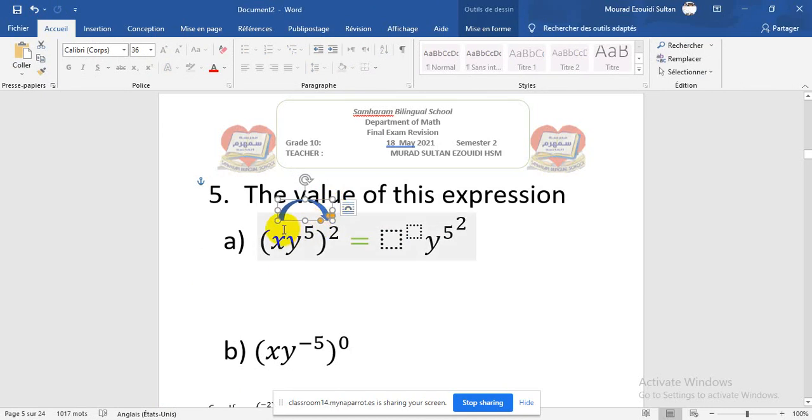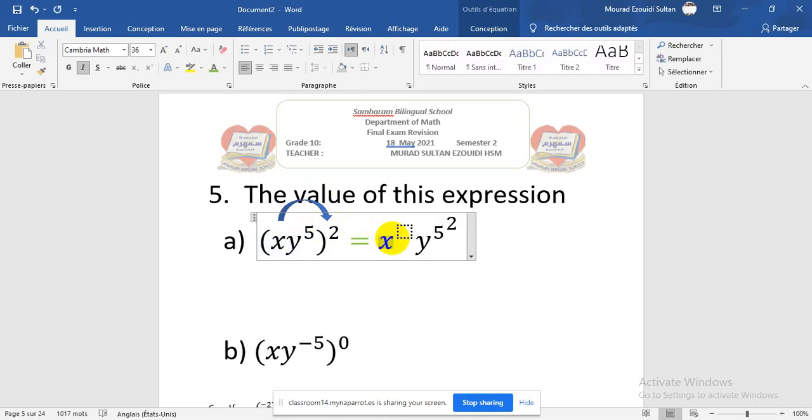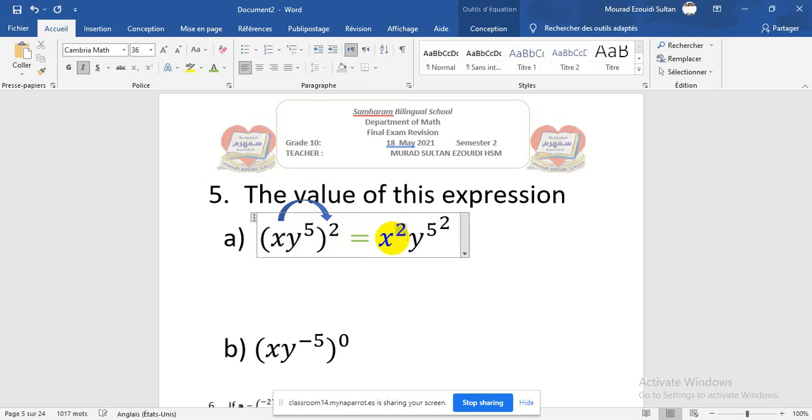X to the power 1, the 1 is not written, multiplied by 2 gives x to the power 2.